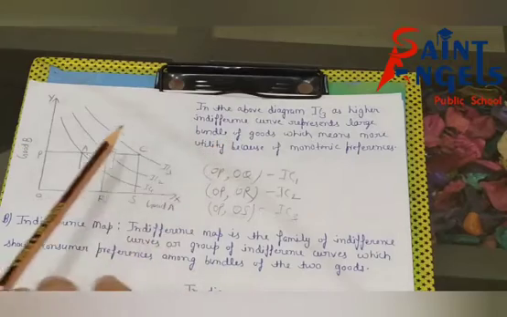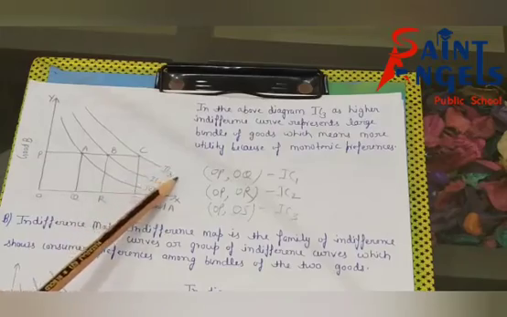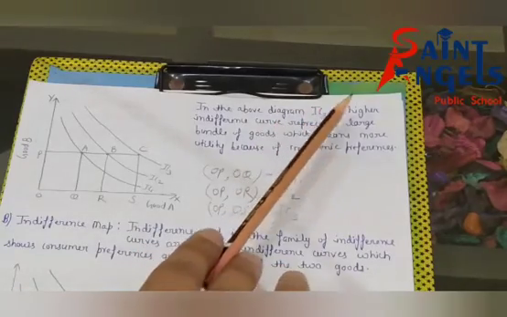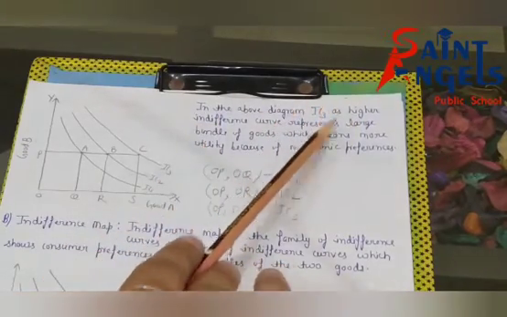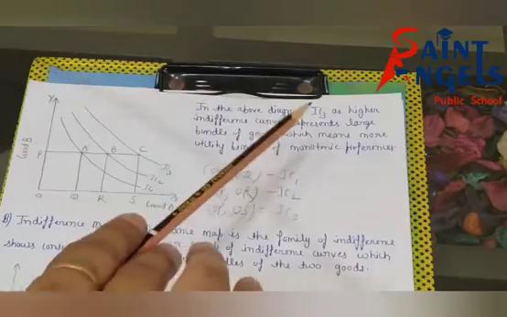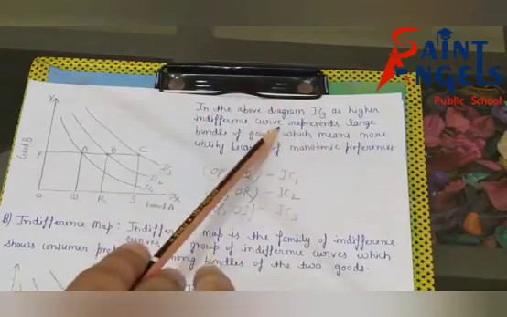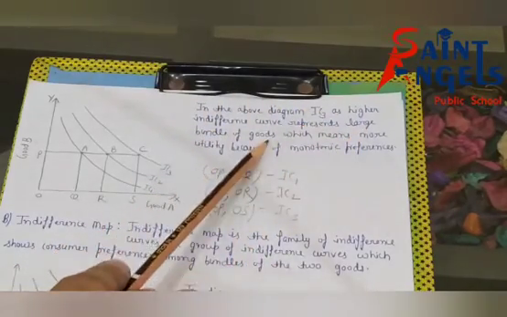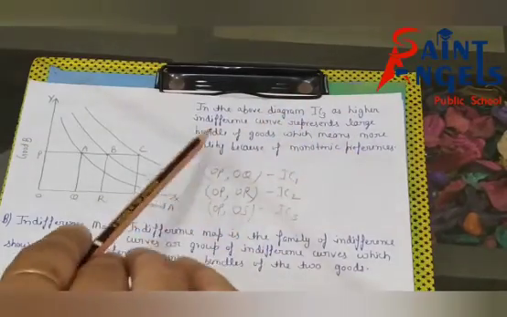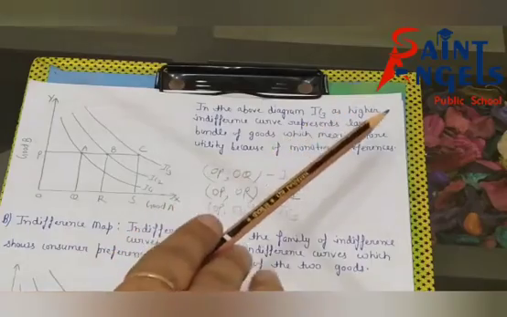So consumer will prefer IC3. In the above diagram, IC3, as a higher indifference curve, represents a larger bundle of goods, or you can say larger units of goods, which means more utility, means more satisfaction, because of monotonic preferences.